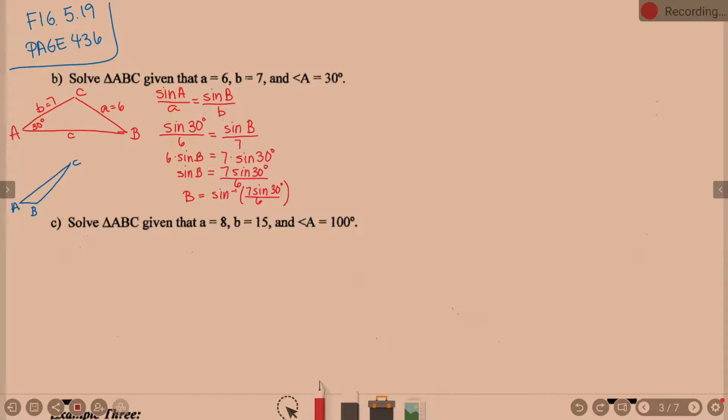You know how to plug that into your calculator this time? Okay. Make sure you know what you're doing there. Tell me what you get for angle B. Yep. Okay. So there's 35.7 degrees. That is my angle B.